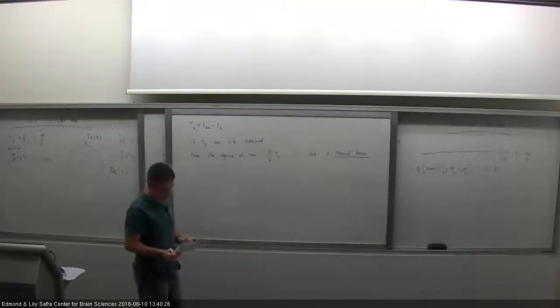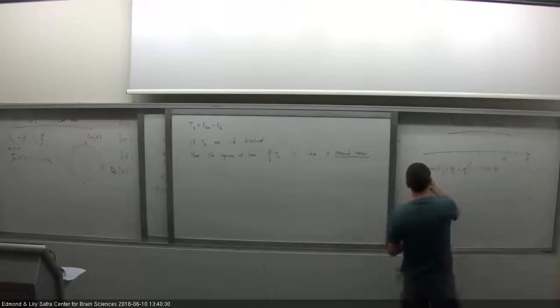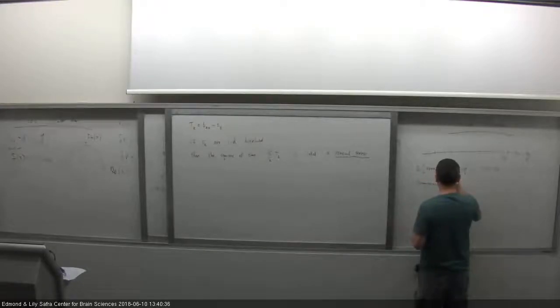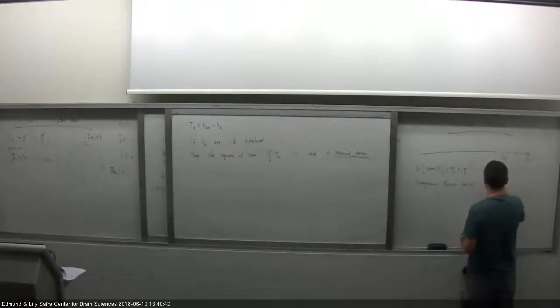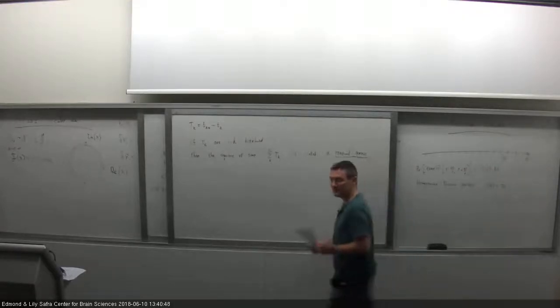So this is a Poisson process. A homogeneous Poisson process is one where lambda of t is constant in time.